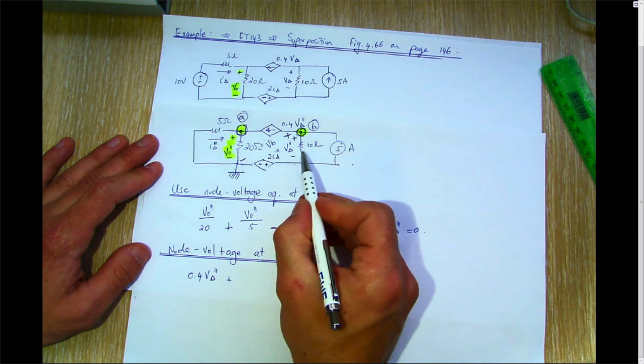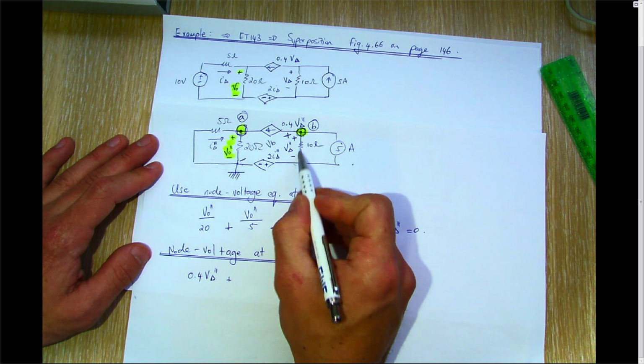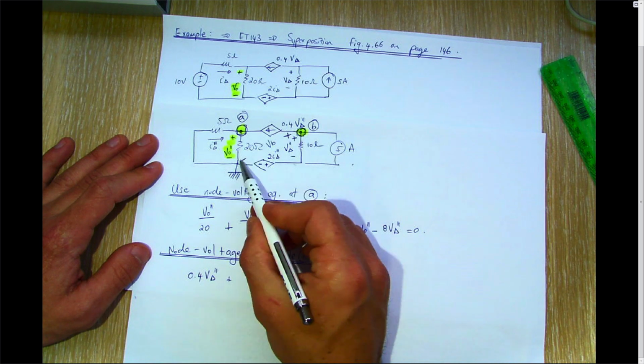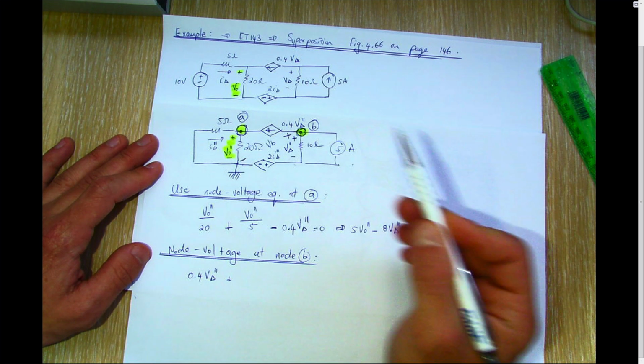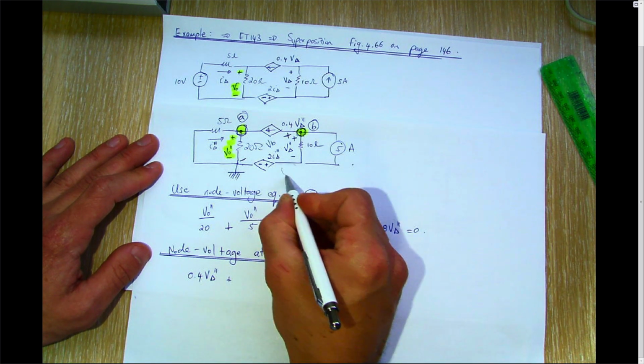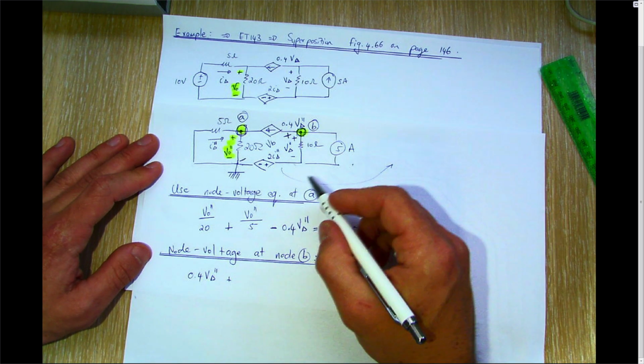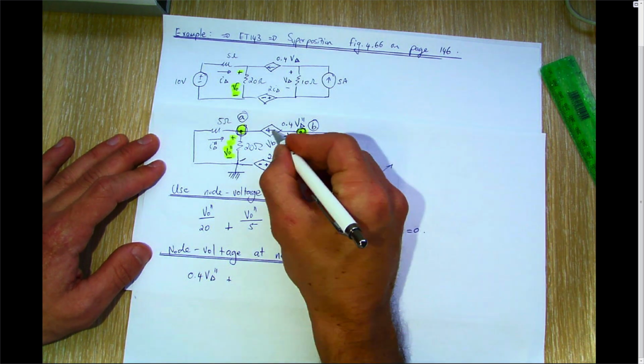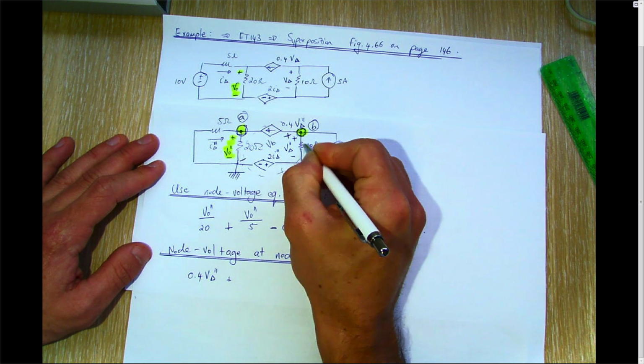But now my voltage drop that I'm going to define over it is going to be expressed in terms of the node voltage VB. Well, let's zoom. I want to zoom into this part of the circuit.